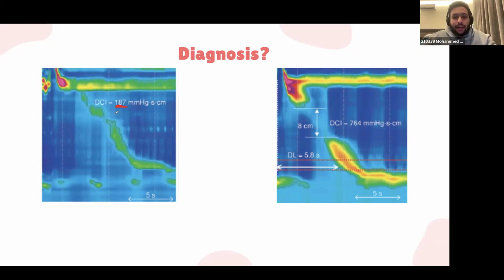Okay. Yes, exactly. Look at the DCI. If it's below 400, as I said, it's ineffective. Then if it's 100 to 400, it's weak. If it's below 100, it's failed. This case, it's ineffective. Okay, it's just ineffective. It's weak esophageal motility.